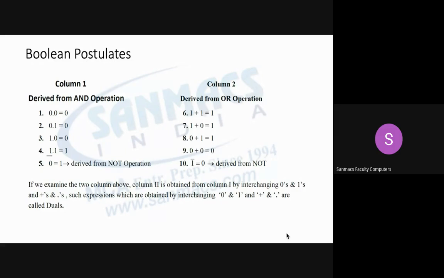Since we did this interchanging between zeros and ones and the pluses and dots, such expressions which are obtained by making these interchanges are called duals. It's pretty straightforward. If you change a 0 with 1 or dot with plus, you'll get a dual. But if you change 1 or plus to 0 and dot, it's going to give us the vice versa case.